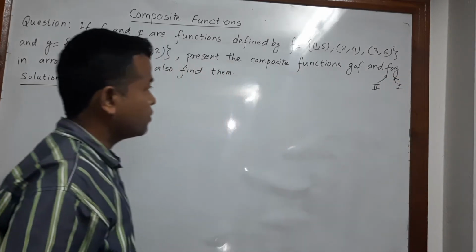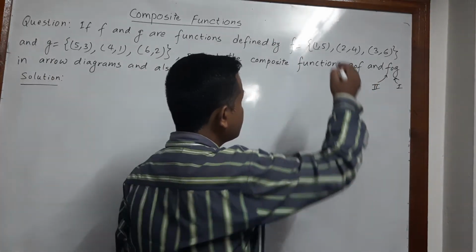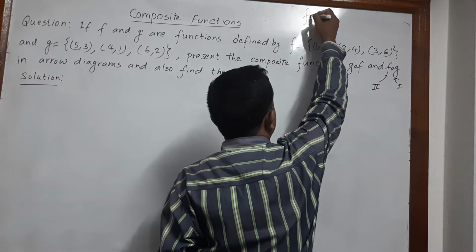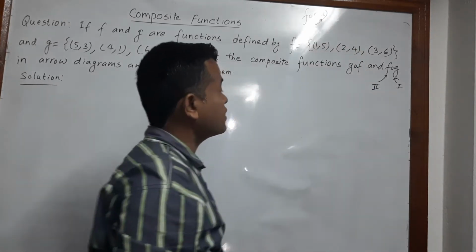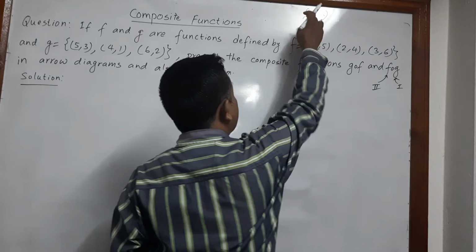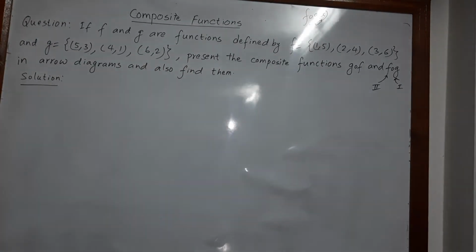Okay, so why is g in first place and f in second place? The question arises because while writing f of g of x, this g will operate on x first, and then only f operates. So g is written first and then f in the second place.